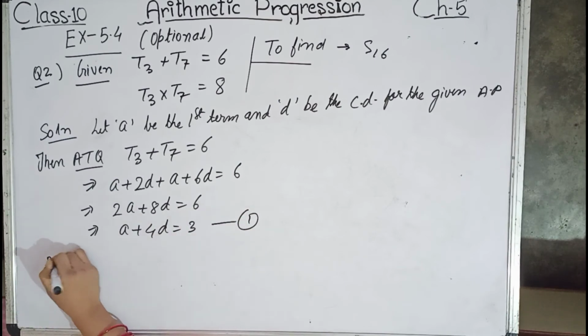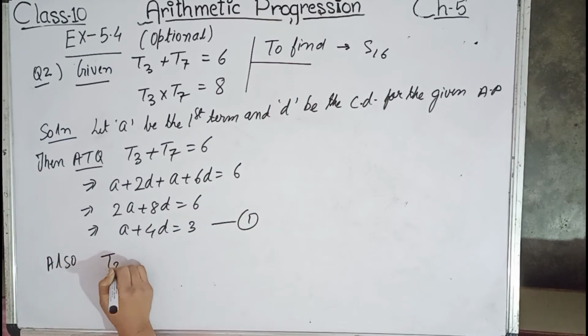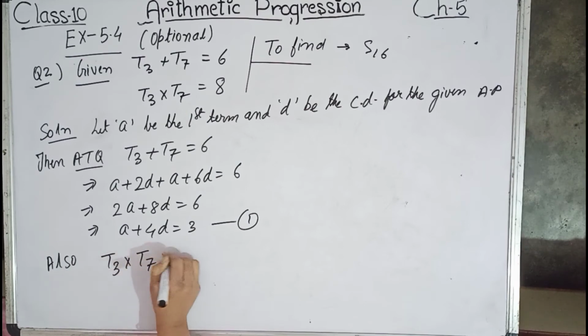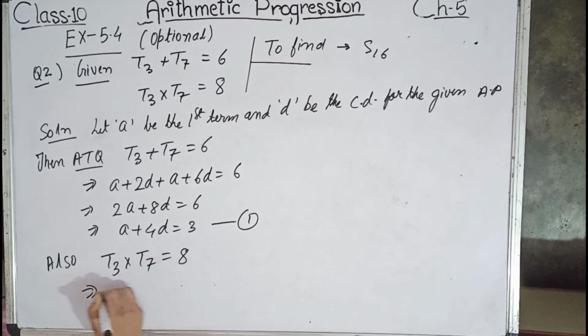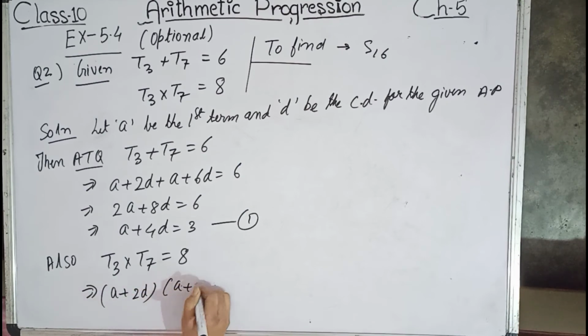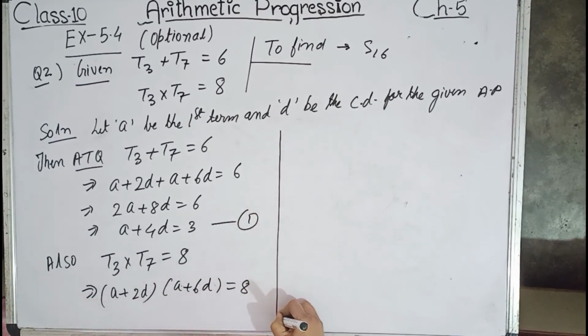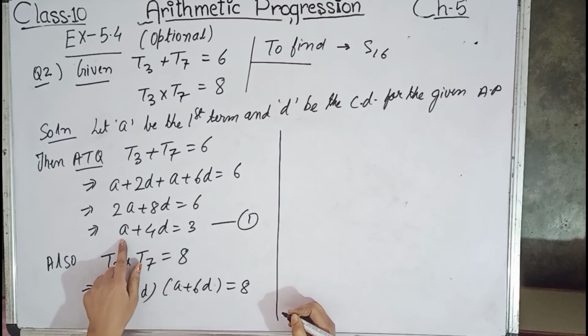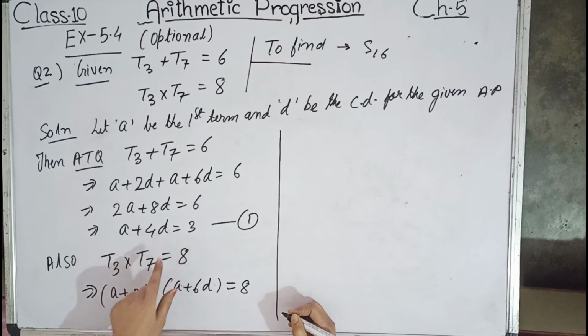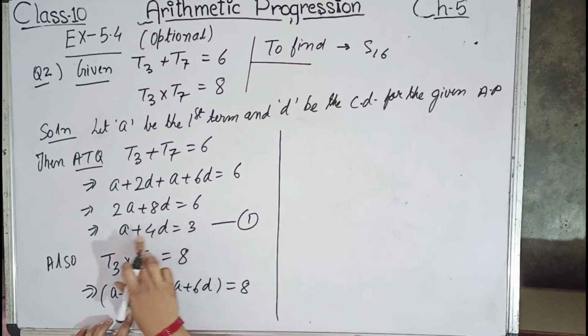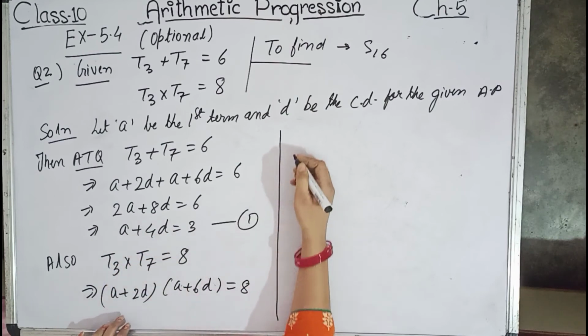One more condition is given. Also, T3 into T7 equals 8. This implies A plus 2D into A plus 6D equals 8. Now over here, either I have to eliminate A or D. So it's easy to write the value of A as 3 minus 4D, because D value will be equal to 3 minus A by 4, which is in fraction form.